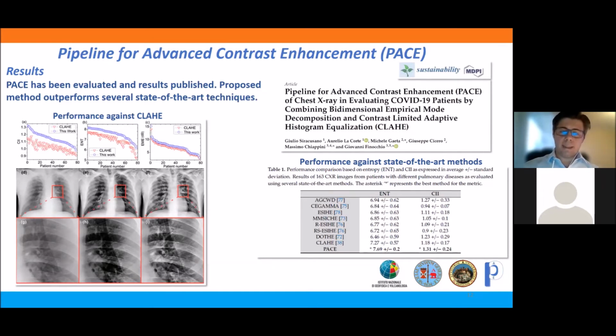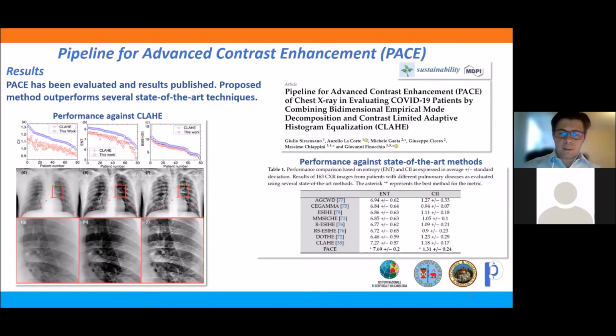The interesting part is that if we look at the baseline chest X-ray image on the left, we can see that the image itself is very low in terms of contrast. And when we apply the CLAHE methodology, we get a better contrast for sure, but we also are not able to visualize all the details that are hidden because the result is still quite dark, especially if we take into account the area that is magnified to show how the results are preserved and how the contrast is improved as well.